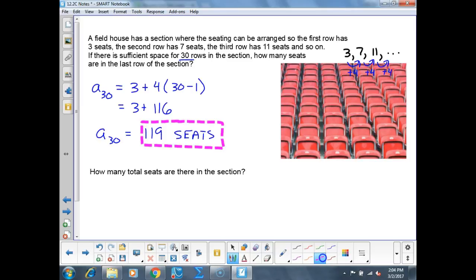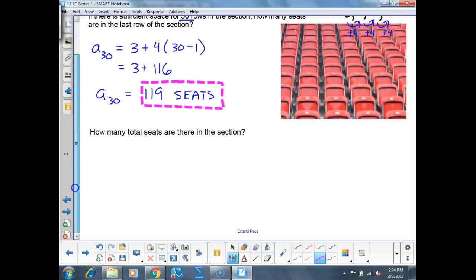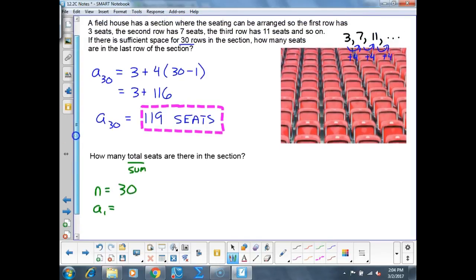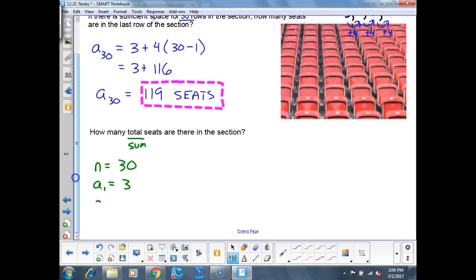Then it asks, how many total seats are there in the section? Anytime you see total, you should think sum. I need the number of rows, which is 30. I need how many seats are in the first row, which is 3. And I need how many are in the last row, which we just calculated as 119.